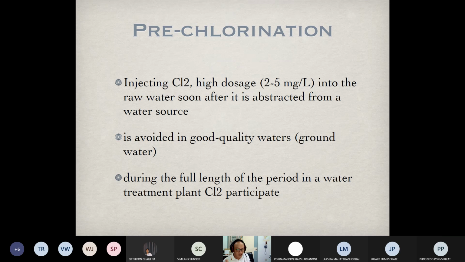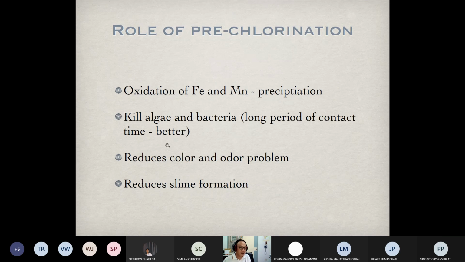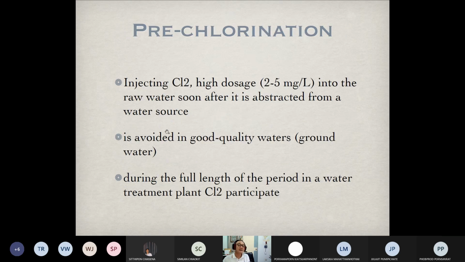This is enough to oxidize some reducing agents, get rid of the color and odor, prevent slime formation, and of course, kill some algae. This amount is actually very similar to the amount that we normally apply to swimming pools.